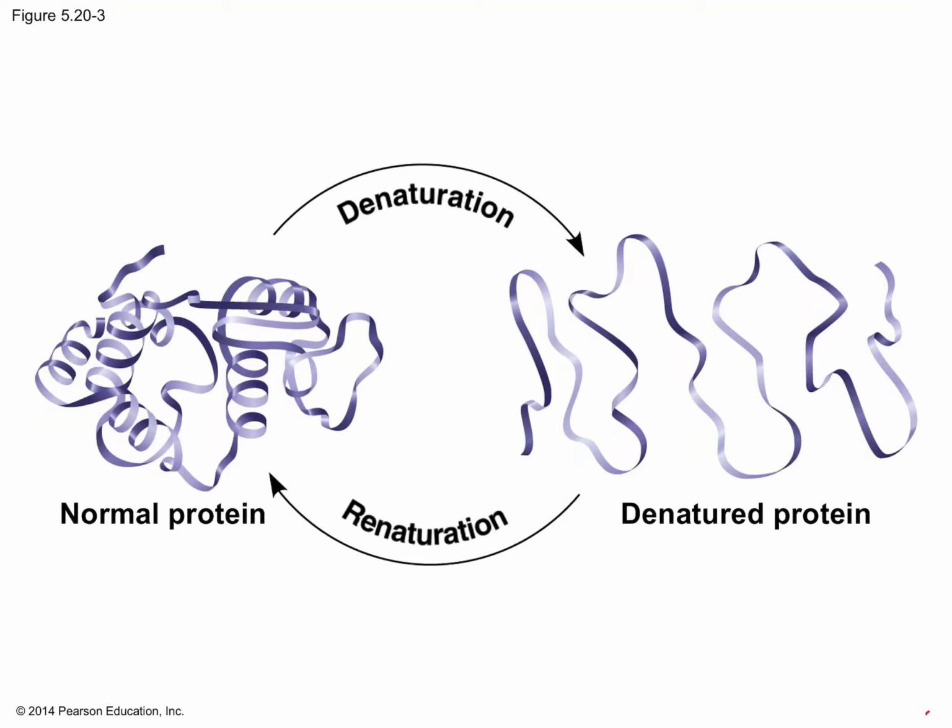The last category of biological molecules that we're going to talk about in this chapter is the nucleic acids. So nucleic acids basically are DNA and RNA. Now, most people have heard of DNA, probably also RNA.